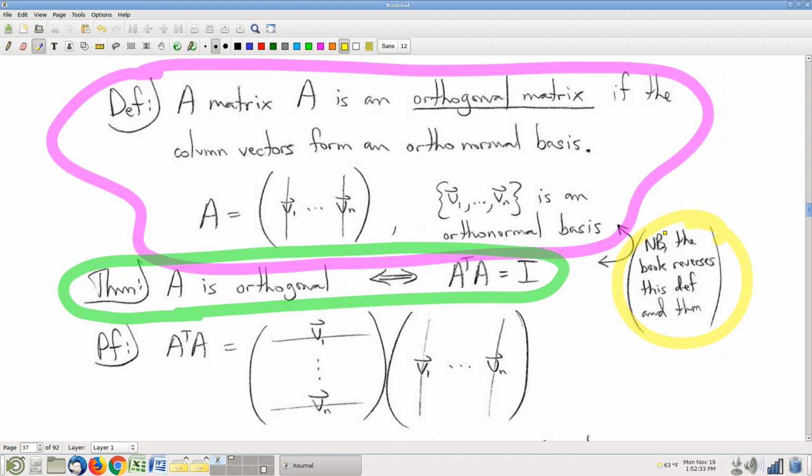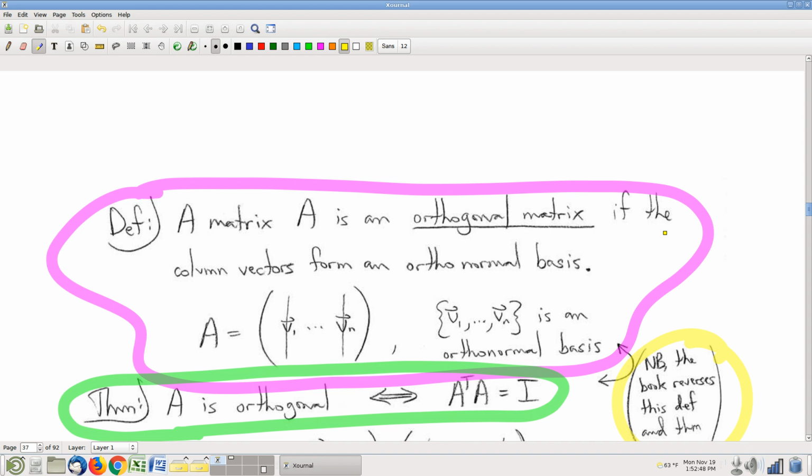A matrix having the feature that its columns form an orthonormal basis, and a matrix having the feature that its transpose is its inverse, these are always simultaneous. Any matrix that has one has the other. So I have chosen to make this the definition and this a theorem. The book chose to make this the definition and this a theorem. Ultimately, it kind of doesn't matter. They're equivalent definitions and equivalent results.